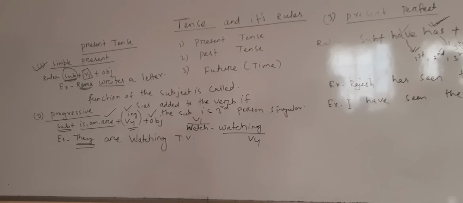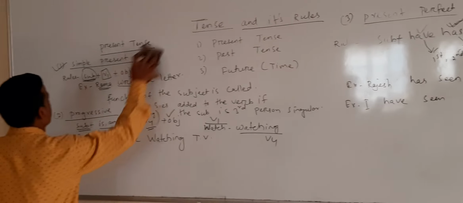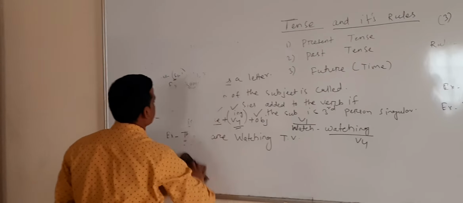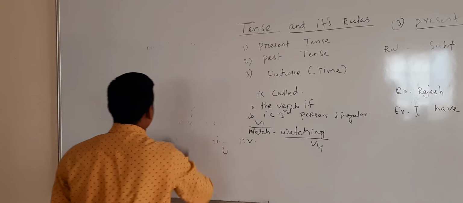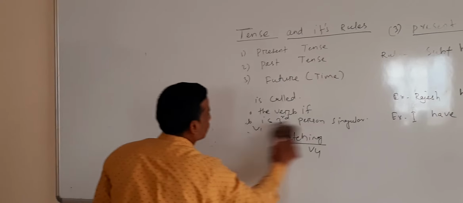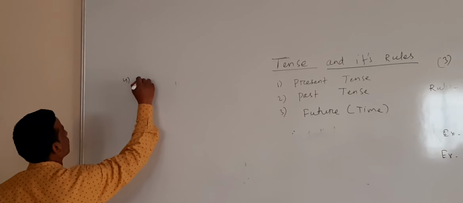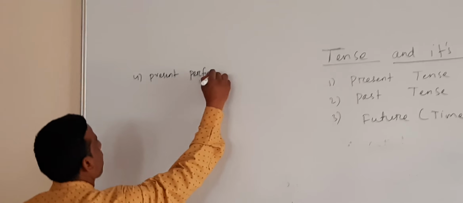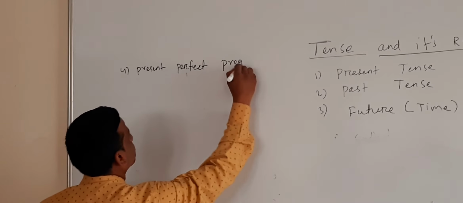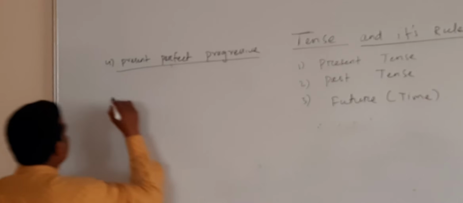Then the last one is called present perfect progressive. What are the helping verbs used here?